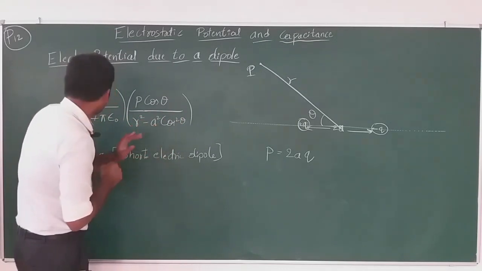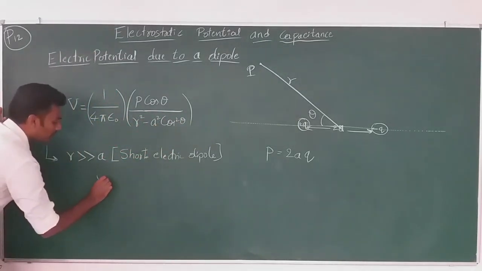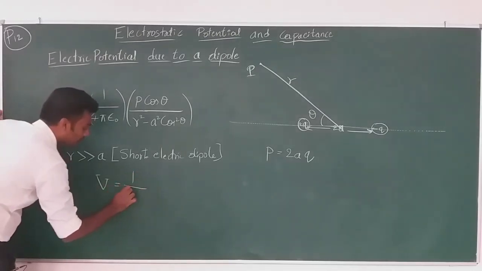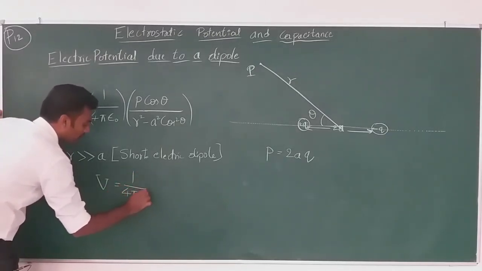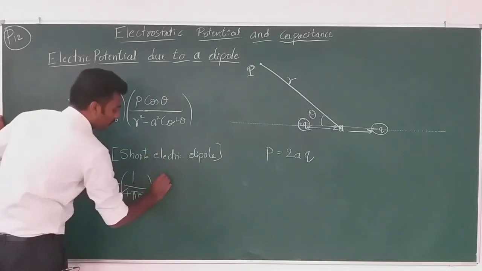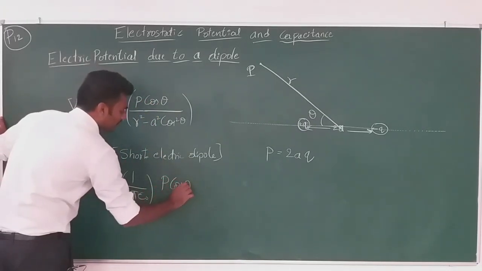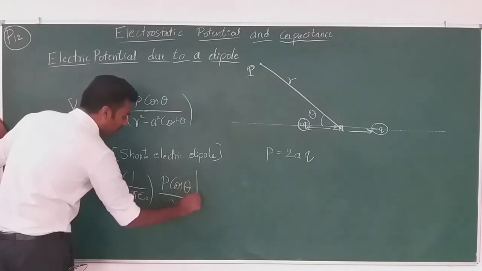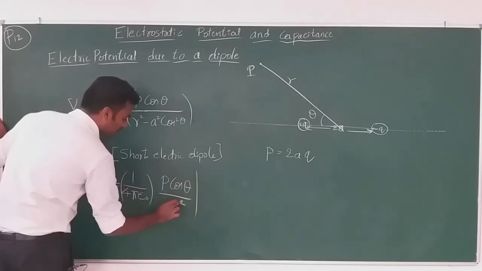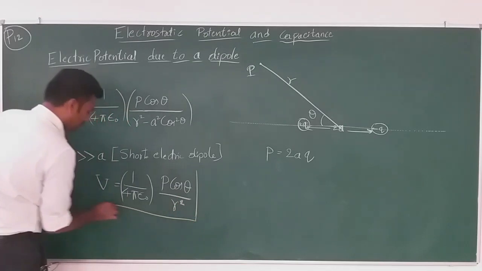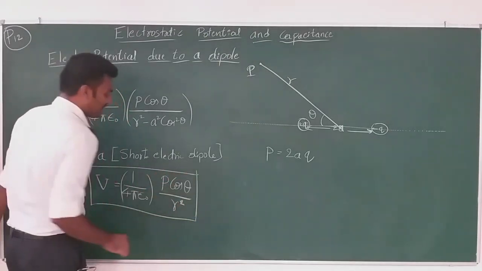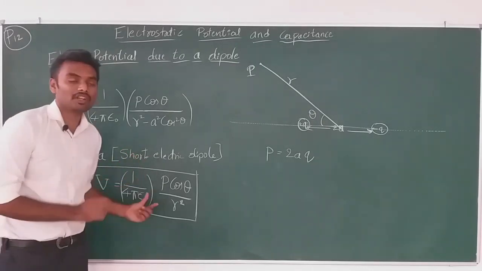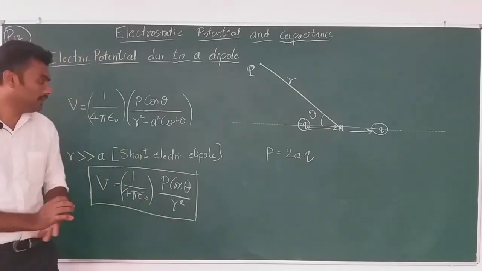Once we neglect it, V will be 1 by 4 pi epsilon naught, P cos theta divided by what is left in the denominator, simply r squared, right. So this is the expression for electrostatic potential due to a short electric dipole.